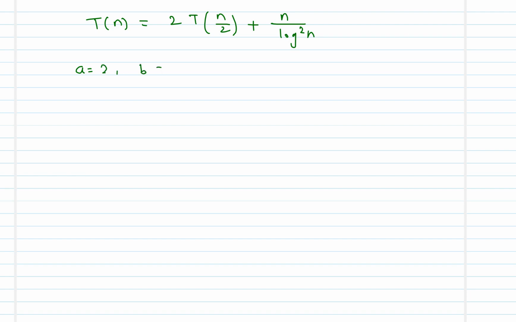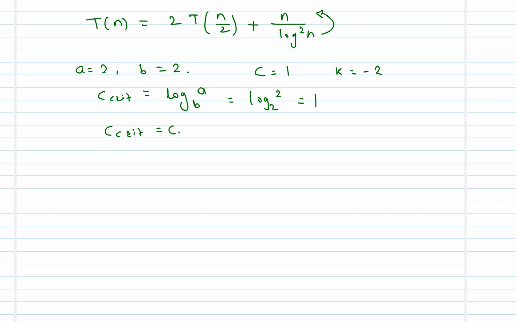A equal to 2, B equal to 2, then we got C equal to 1 and k equal to minus 2, since log square n in the denominator I will write as log to the power minus 2 n. Now C critical, if we compute, log of A to the base B, which is log of 2 to the base 2, will give you 1. So we got C equal to C critical, and k equal to minus 2, which falls under the category k less than minus 1.